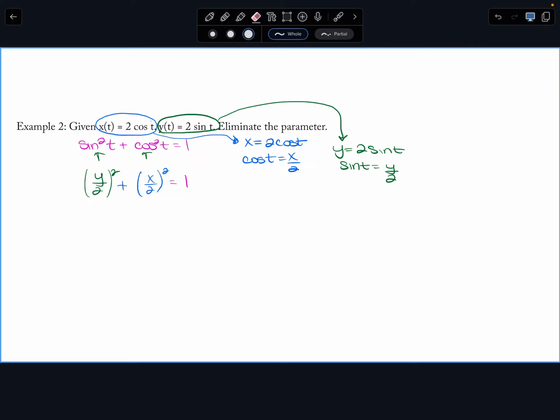I could write an equation for X and an equation for Y, but they will only be parametric equations if they use the same variable, T. So it has to have a common parameter in them. And I could do X, Y, and Z if we wanted to go three-dimensional, but then in order for those to be parametric equations, all the equations individually would have to be in terms of T. So it'd be an X of T, a Y of T, and a Z of T.